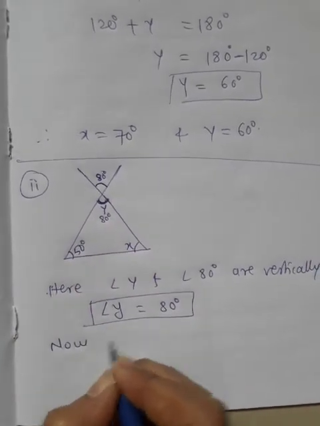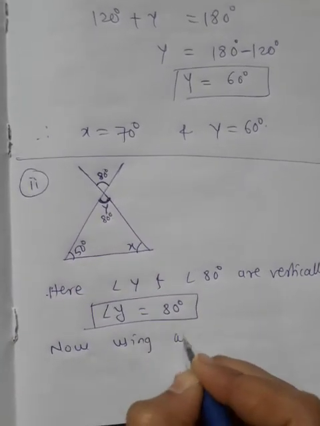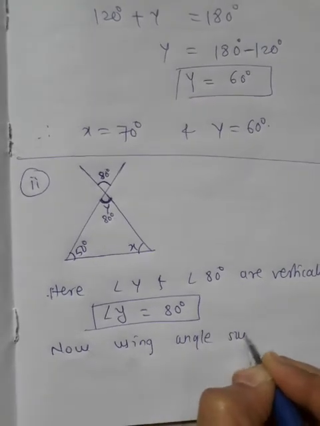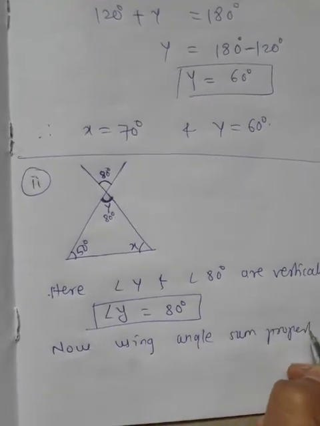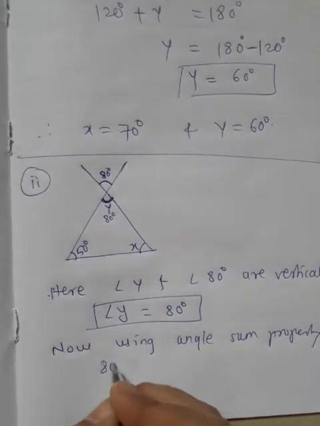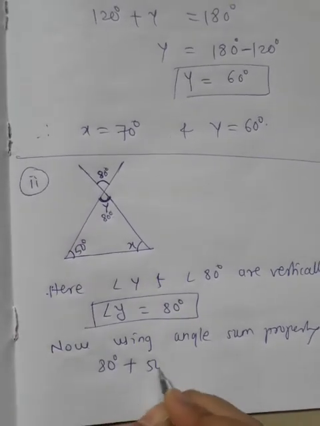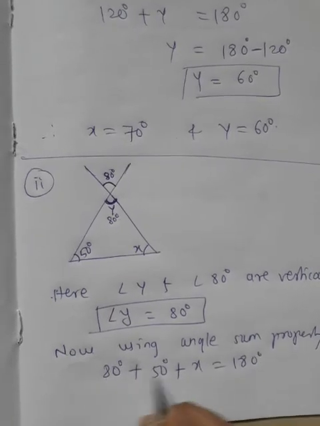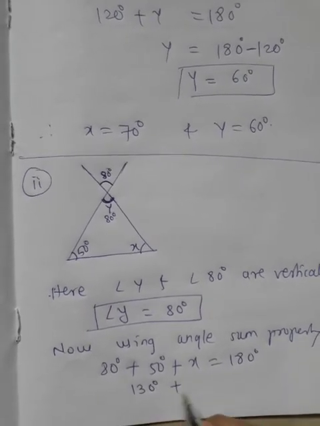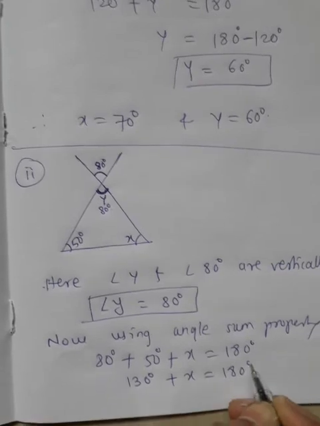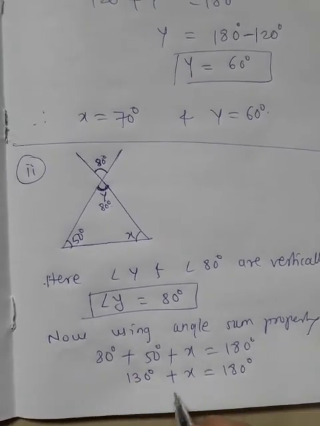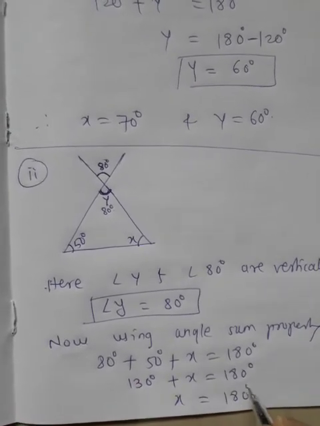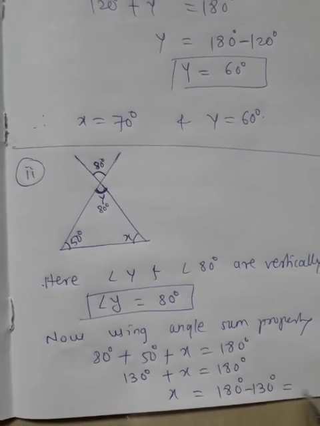Now you can find x. Using the angle sum property, what will we get? 80 degrees plus 50 degrees plus x is equal to 180 degrees. 80 plus 50 is 130 degrees plus x is equal to 180 degrees, and to find x we transpose 130 to the RHS, so it gets a minus, and that is equal to 50 degrees.